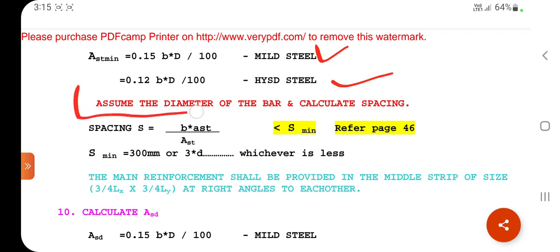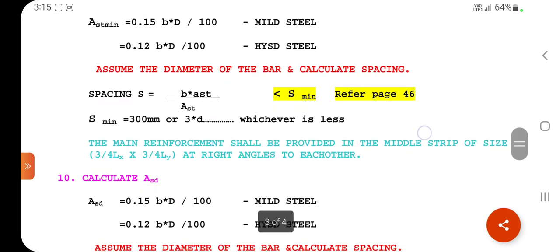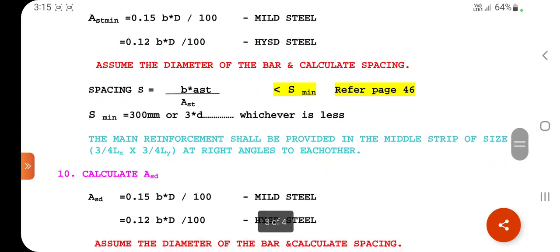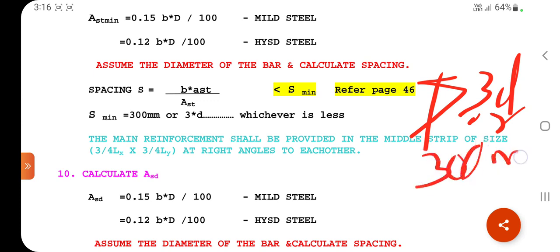Then after this we must assume the diameter of the bar and calculate the spacing. How to calculate the spacing? It is calculated by the following formula. Spacing S equals b into small ast divided by capital Ast, and the spacing should not be greater than 3d or 300 mm.